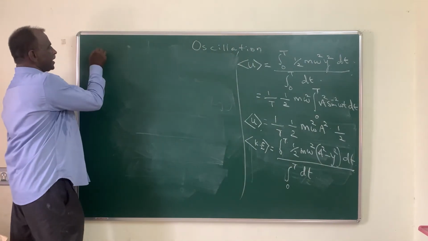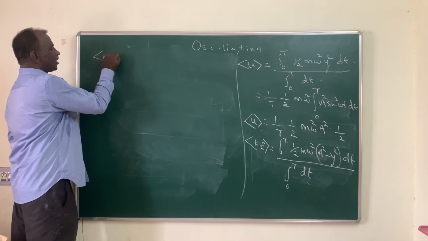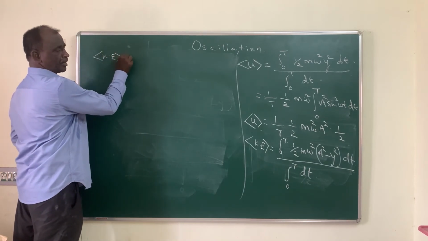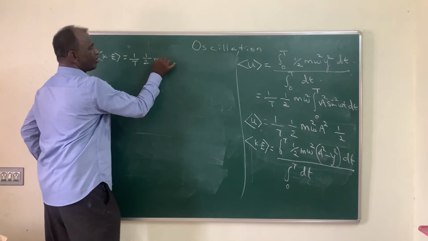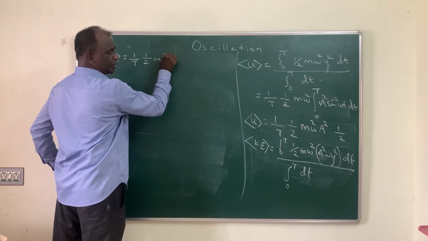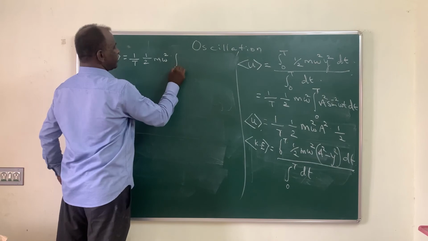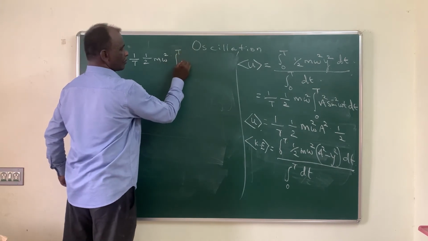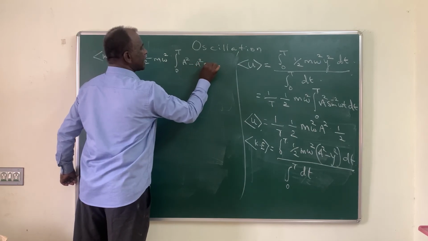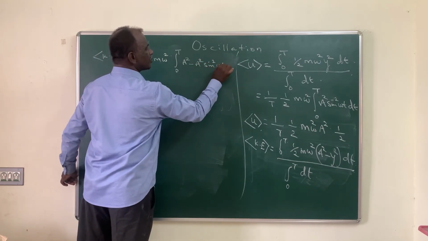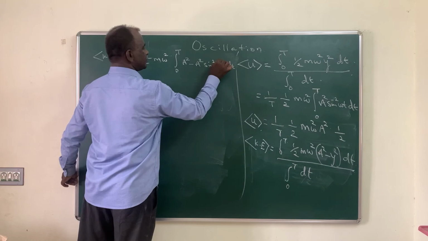Therefore, the average kinetic energy is 1 by T, 1 by 2 m omega square, integral from 0 to T of a square minus a square sine square omega t dt.